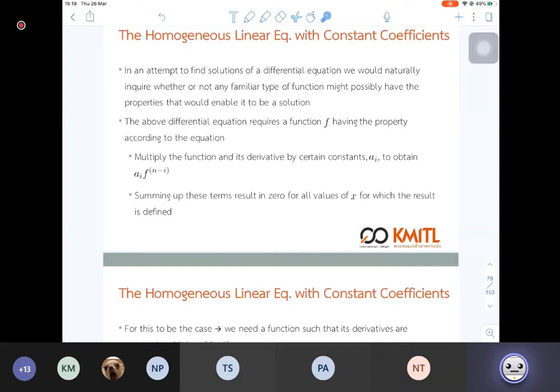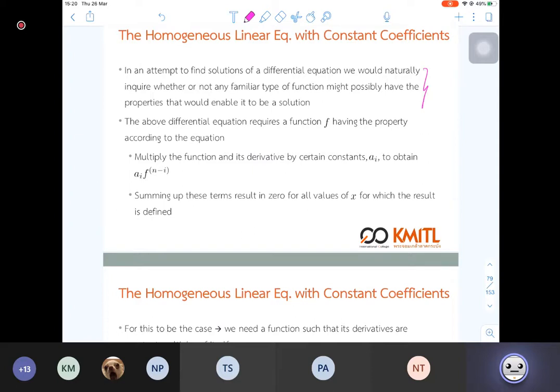Now, how can we do that? How can we find it? It is said here that in the attempt to find the solution of a differential equation, we would naturally inquire whether or not any familiar type of function might possibly have the properties which can make it a solution.